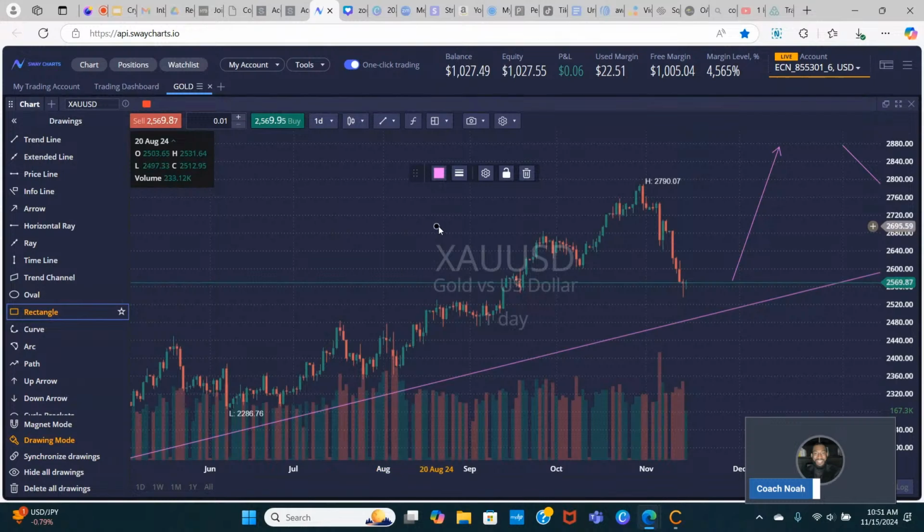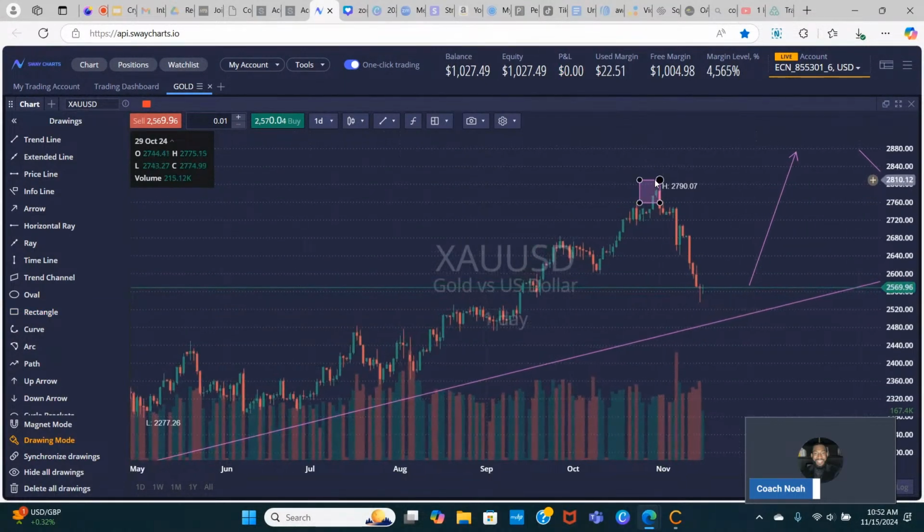So how do I draw? All right. So like I said, to figure out our support and resistance areas, we need to identify our major reversal points. Okay, so this would be considered a major reversal point. All right, so you see inside of this square, this here is a major reversal point.